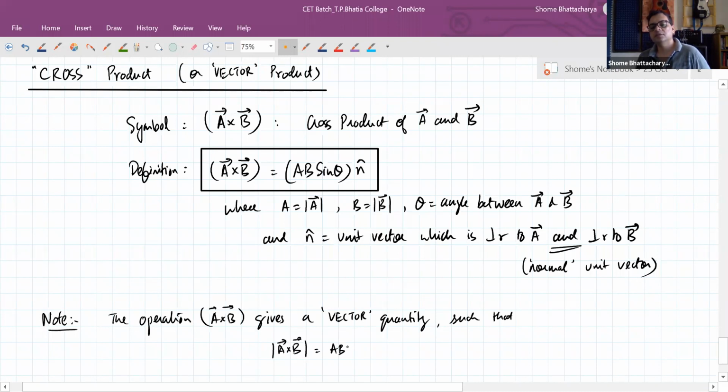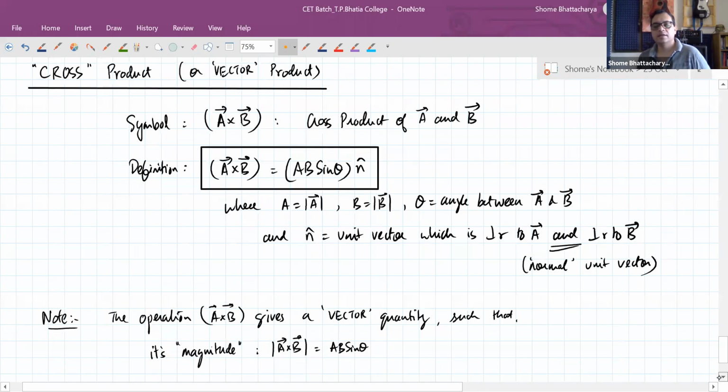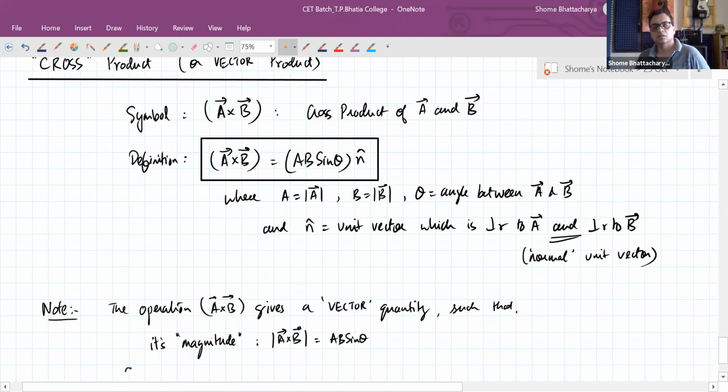Such that its magnitude, mod A cross B, is AB sine theta. And its direction is along the unit vector n cap.